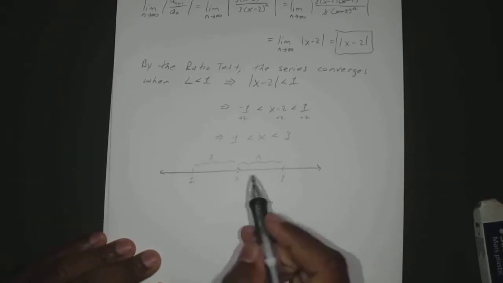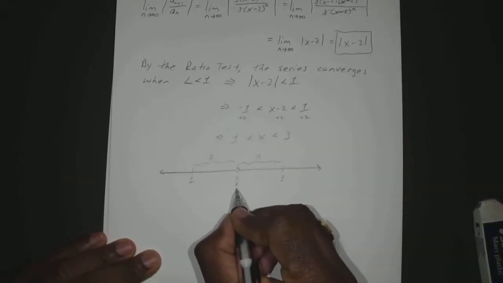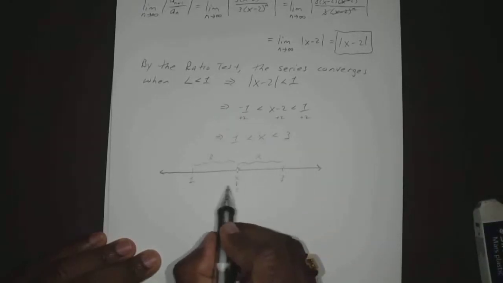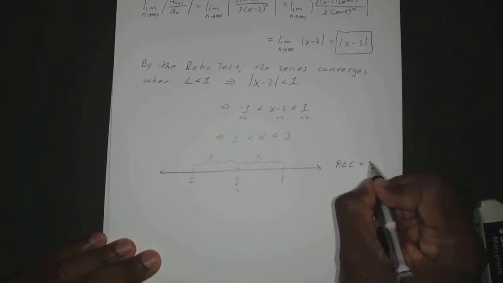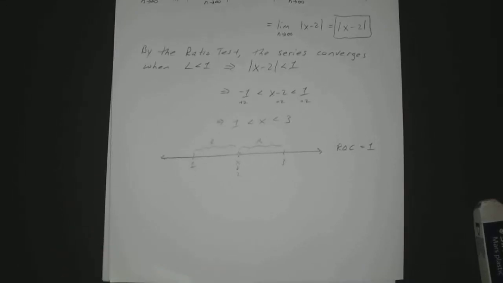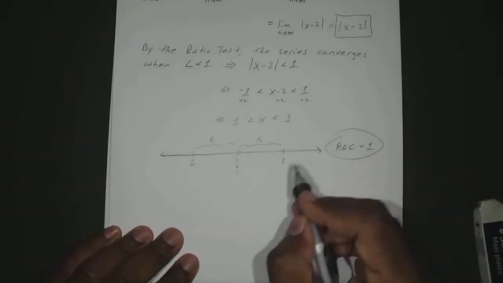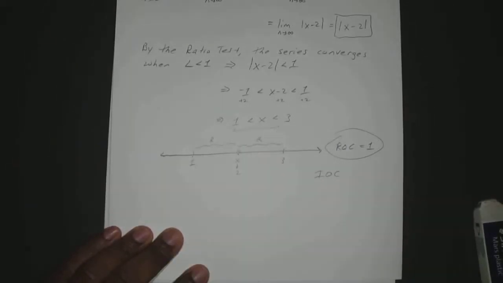Okay, so we know the distance from 2 to 3, and 2 to 1 is just 1. So our radius of convergence is actually equal to 1. Now our interval of convergence, we found that first, and that's between 1 and 3.